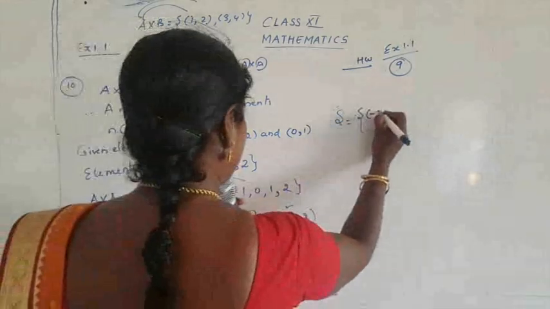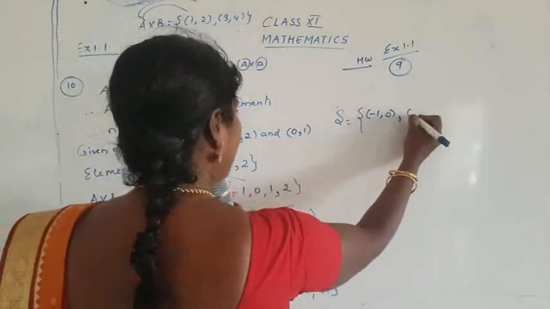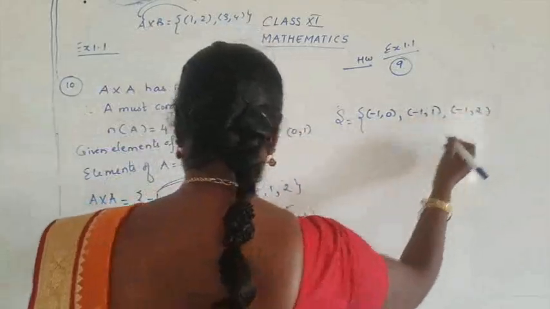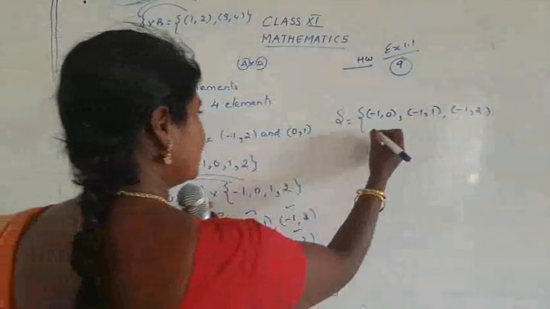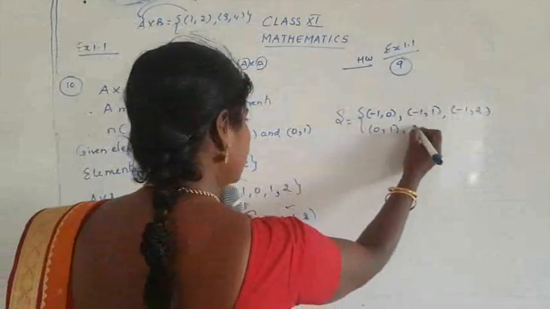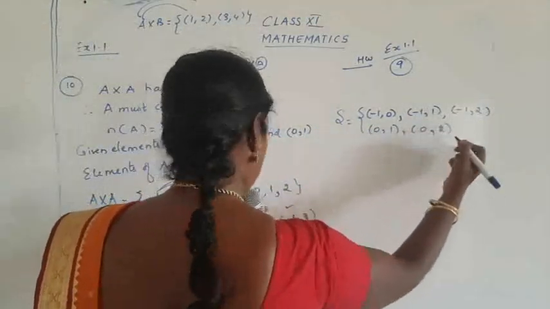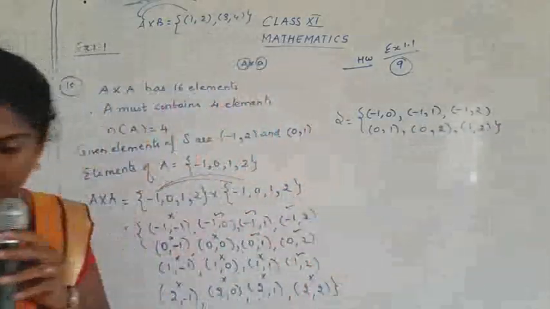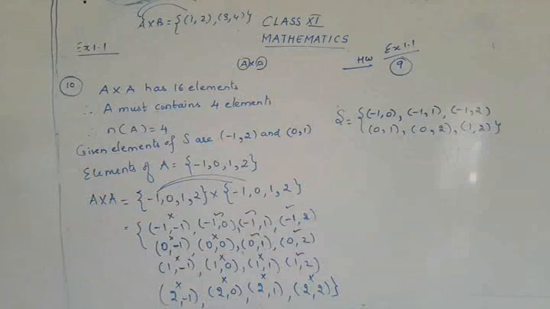So we have (-1, 0), (-1, 1), (-1, 2), (0, 1), (0, 2), (1, 2). Do not miss any numbers. Take down the numbers properly. So what are the elements we have got here? (-1, 0), (-1, 1), (-1, 2), (0, 1), (0, 2), (1, 2).